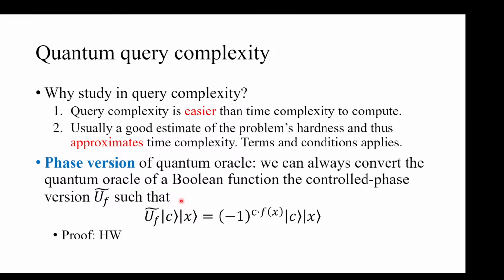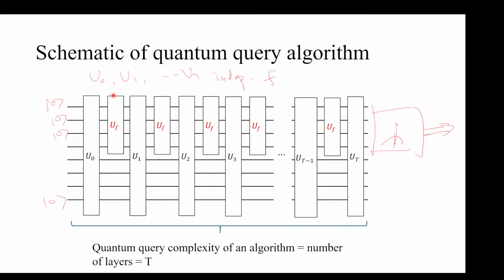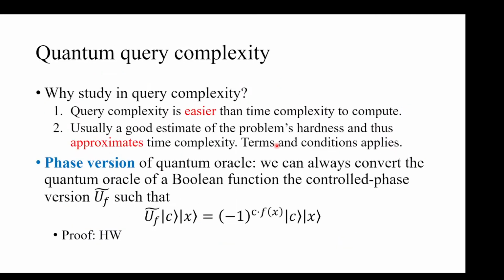And why do we switch to this weird quantum query model where we have an input kind of encoded in this UF, and we want to compute things about UF with as few UF as possible? The first reason is kind of a funny reason. That's because time complexity is really hard to compute, so we study query complexity instead.